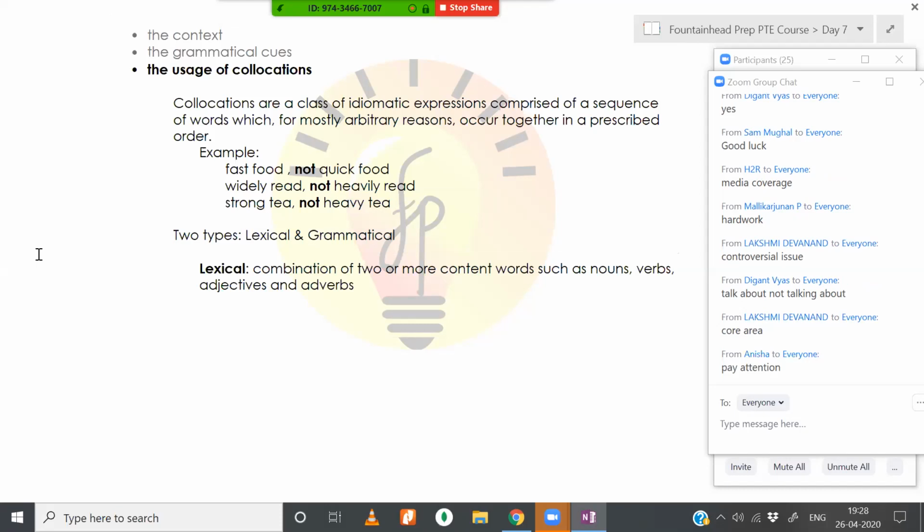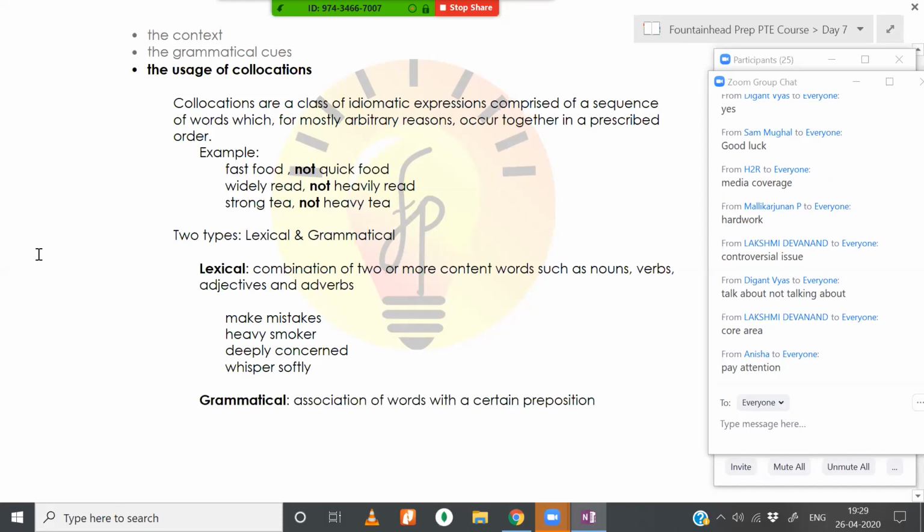All these are lexical collocations. A few more examples: make mistakes, heavy smoker, deeply concerned, whisper softly. And then there are grammatical collocations.